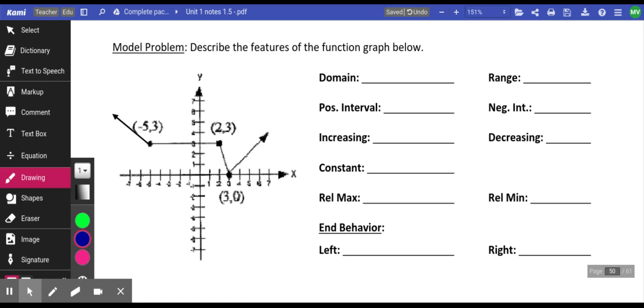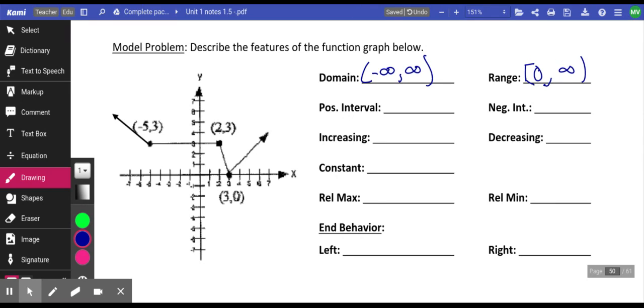All right, so the domain. Domain is what possible x values could we have? In this case, we can have all real numbers, so that means from negative infinity to infinity. If we explore our graph and look at our range, it's only ever positive. So we start at 0, and it's closed because 0 is included, and we go to infinity.